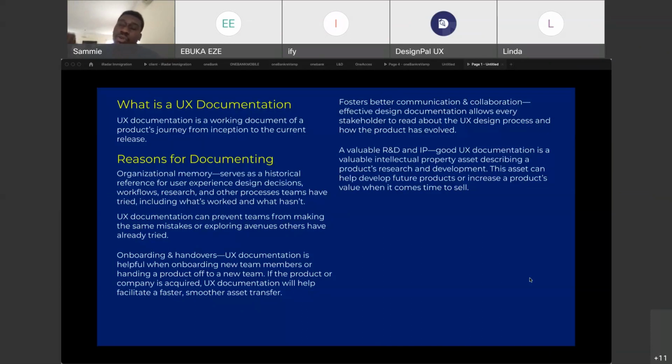Then sometimes I go to the team's documentation. That's maybe the business BRD or anything they've put along the line. I go through it to get some information and clarify certain things. So yes, UX documentation is an intellectual asset. It means it's not something you share or put in your case study.